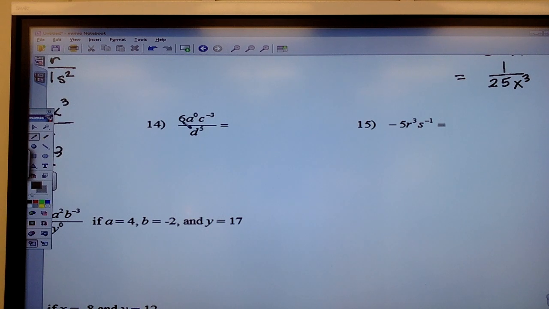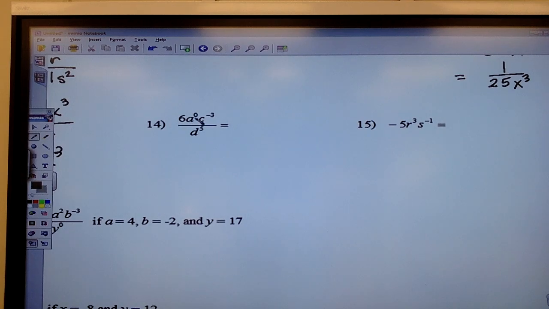6 stays at the top because it doesn't have an exponent at all, and definitely not a negative exponent. Look at a to the 0 power. Remember, a to the 0 power equals what? That's right, 1. But now we have this c to the negative 3. So we see that negative exponent, so we immediately know that c to the negative 3 is going to move to the bottom and become positive.